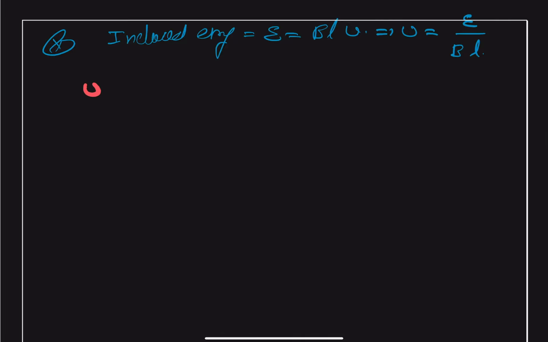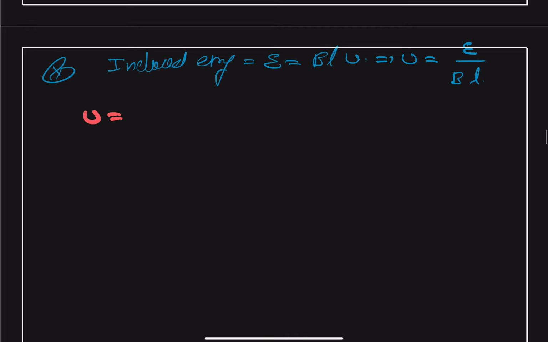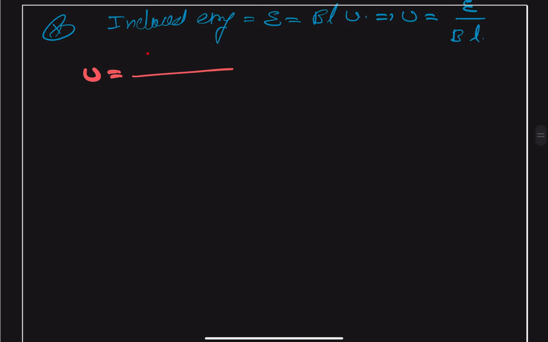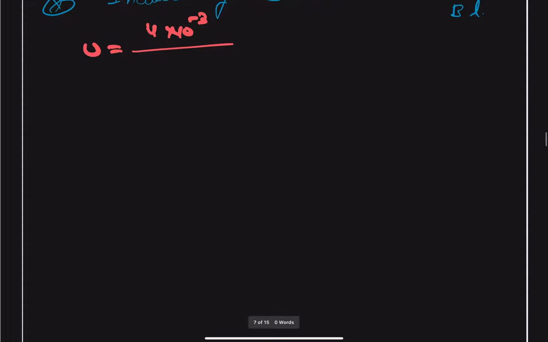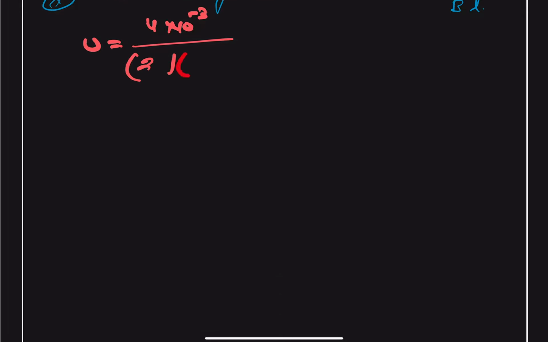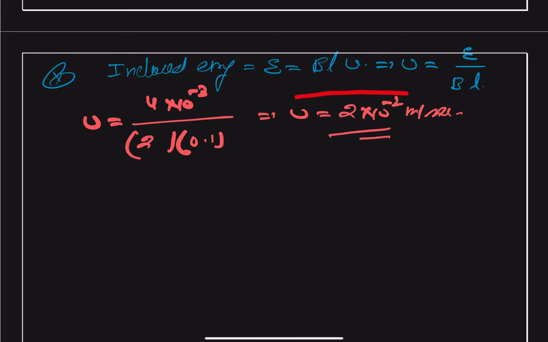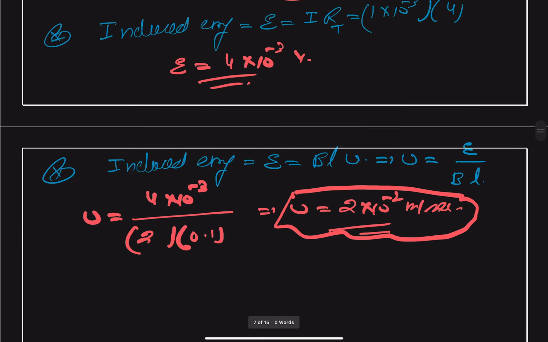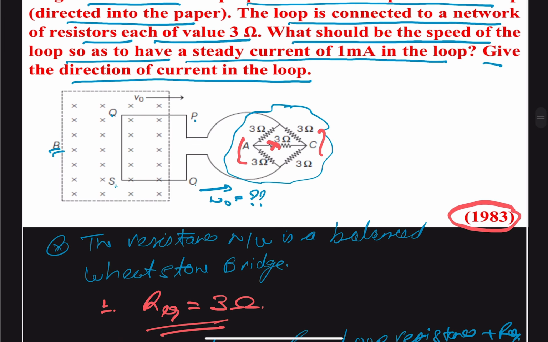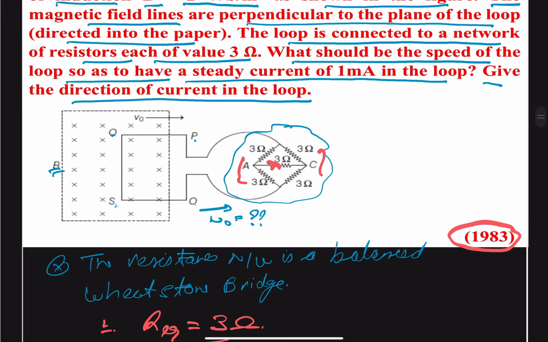Induced EMF is 4 into 10 to the power minus 3, magnetic field is 2 Weber per meter square, and length is 0.1 meter. This gives the velocity as 2 into 10 to the power minus 2 meter per second. This was asked in the question: the speed of the loop for a steady current of 1 milliampere.